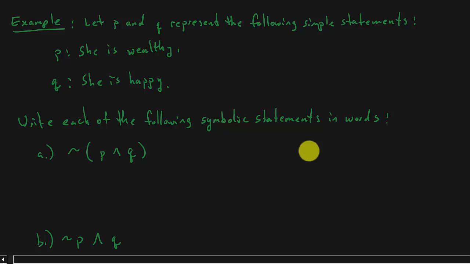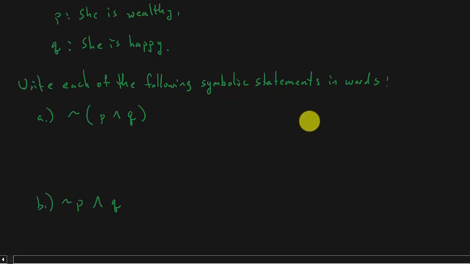All right, so look at this. We've got not, that's the negation. So not, and then in parentheses, we have P and Q. So how would we write that? Well, the negation part would be it is not true.